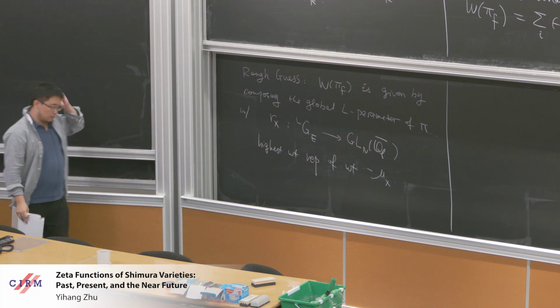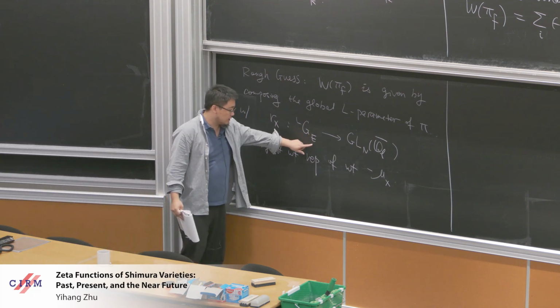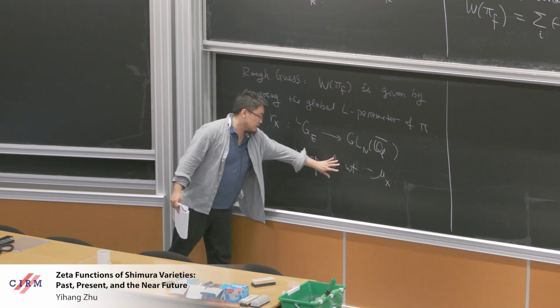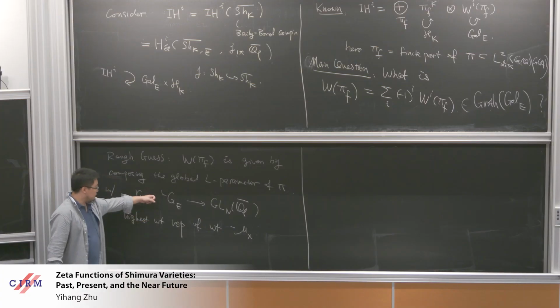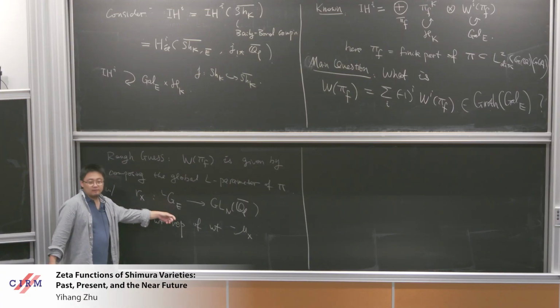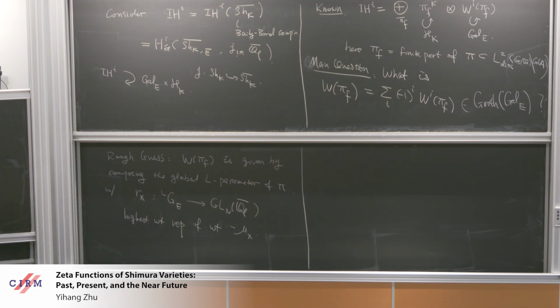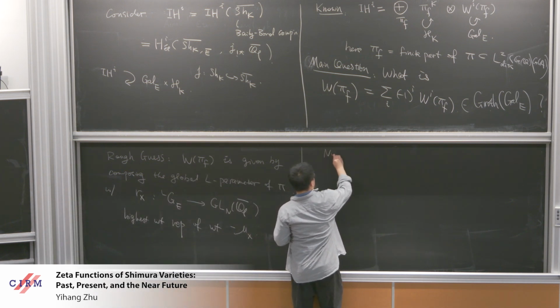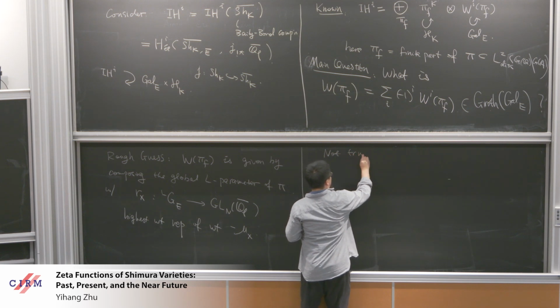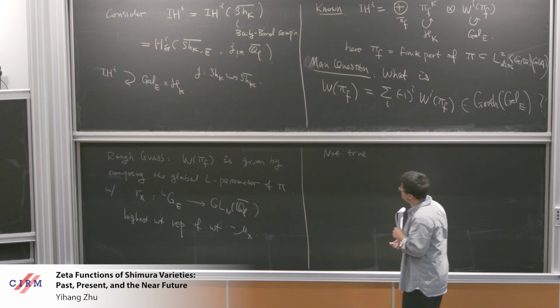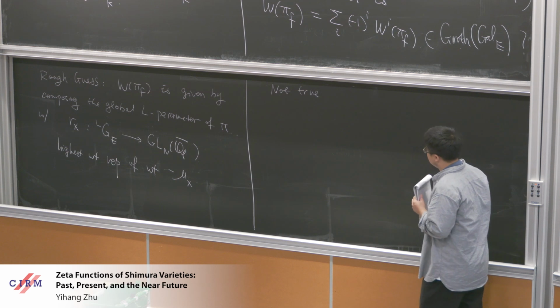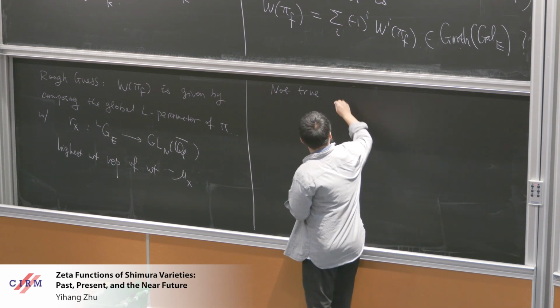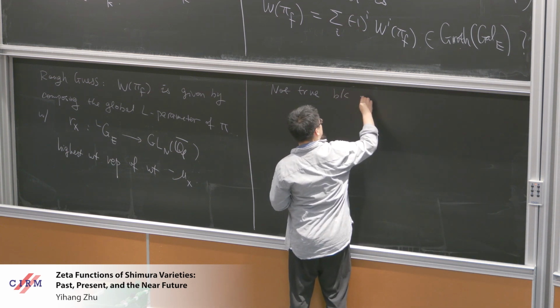If you base change over E, then this thing is only a representation of G hat, but if you consider the L group over E, then it naturally extends to the whole L group. So this is the rough guess, but unfortunately this is wrong, and the reason is precisely because of endoscopy.